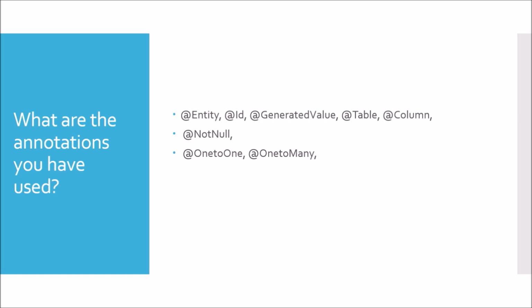But mostly @OneToOne and @OneToMany is used. @UniqueConstraint, this is placed on the top of the entity class to describe how we are going to fetch an object from the database. @Version, @Access, @Embedded also. Moving to next question.